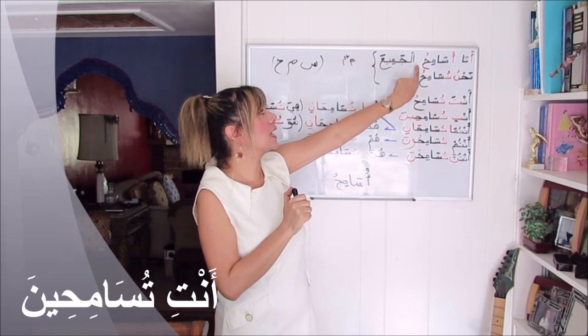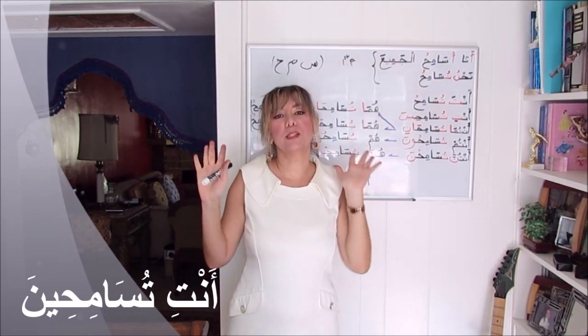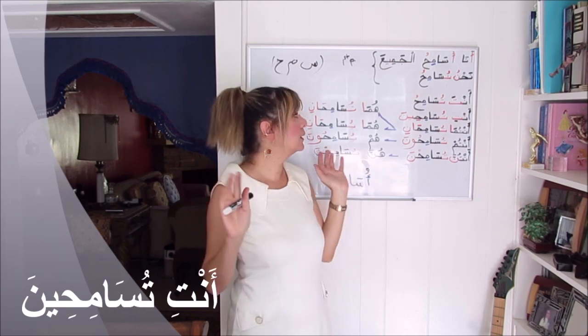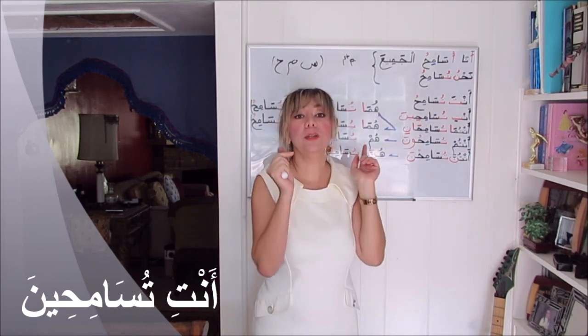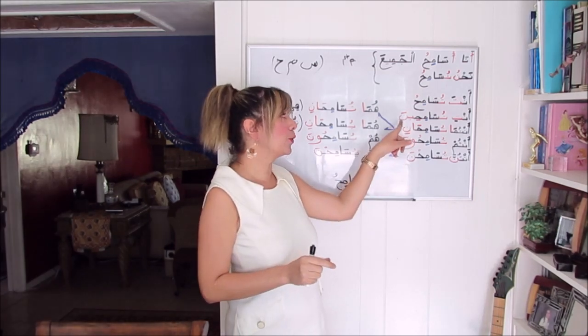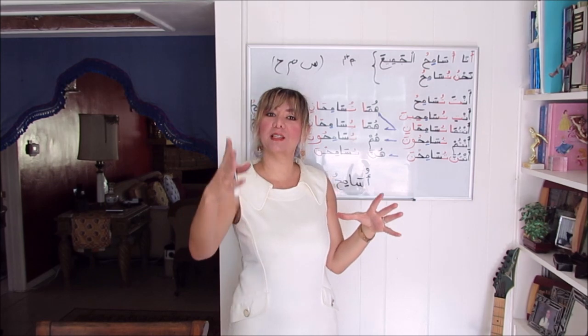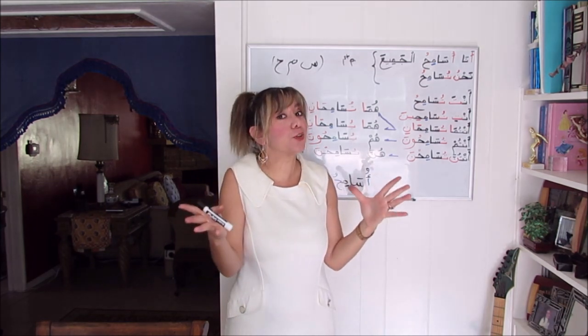Here, the subject is an implicit one. Here it's the ya of address. And of course, since ya is a long vowel, it has to be preceded by a kasra. That's the rule.